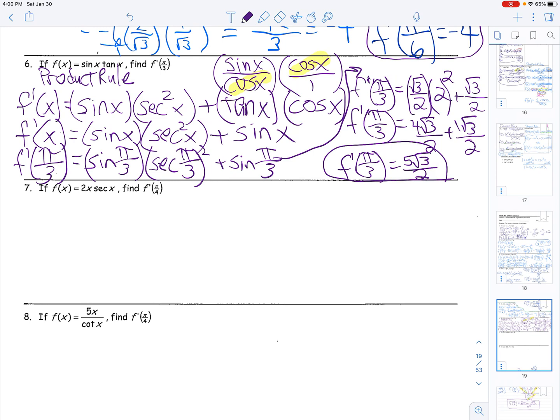All right, very nice. Let me do 7 also. Function here is 2x multiplied by secant of x, right? Multiplication. So this is one function here, my 2x. Secant is my other function. So this is another product rule.